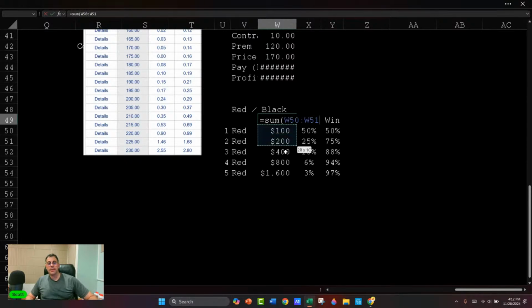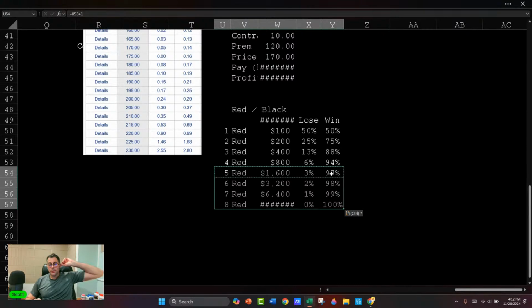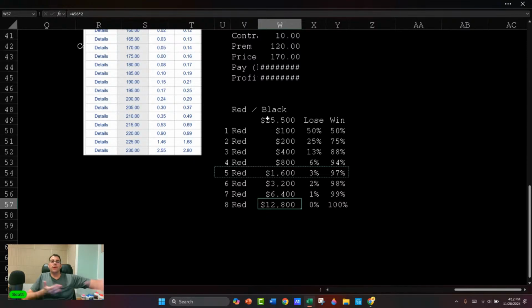The thing is, at some point you're going to go bankrupt, because there will be situations where you hit 7, 8 blacks in a row or reds in a row, and then you'll lose your whole bankroll. So it's kind of like that idea: you could win a little, but you have to risk so much.